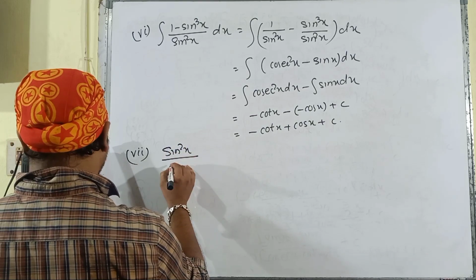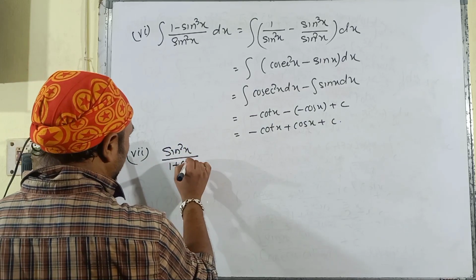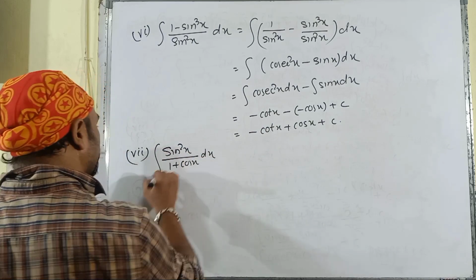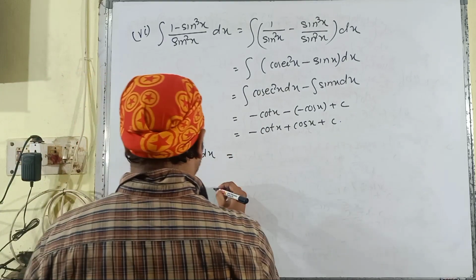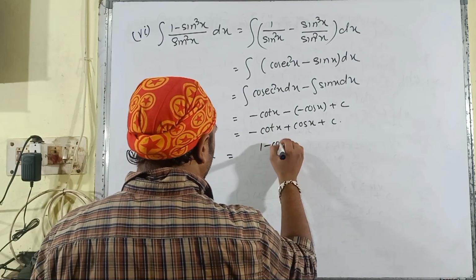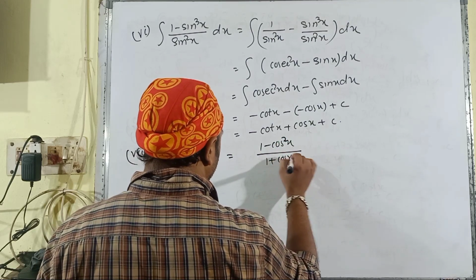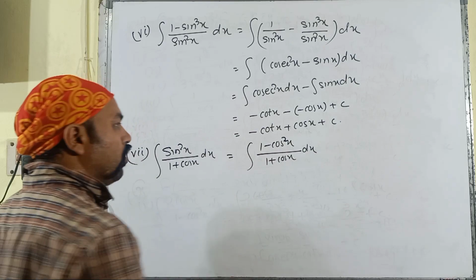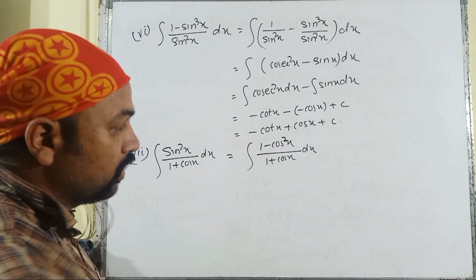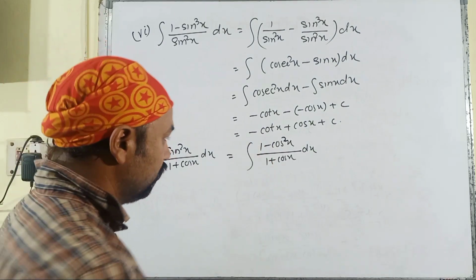Then seventh bit. Sin square x divided by 1 plus cos x dx. In place of sin square x, we can write down 1 minus cos square x divided by 1 plus cos x. The numerator is in the form of a square minus b square.